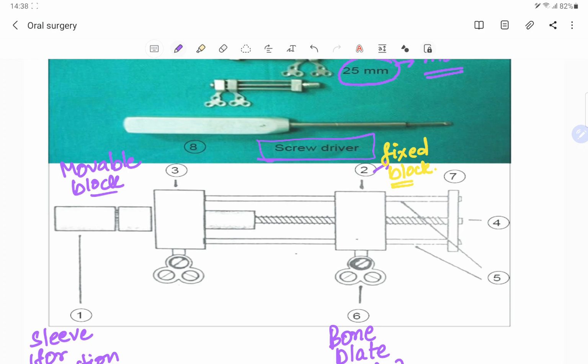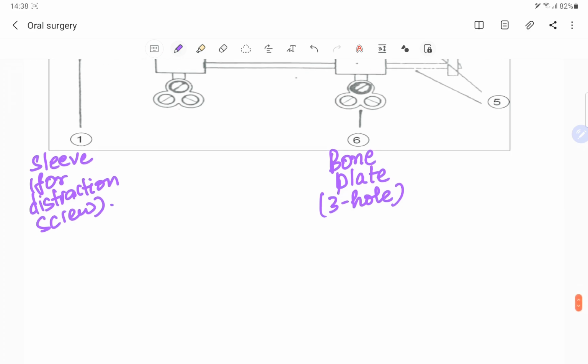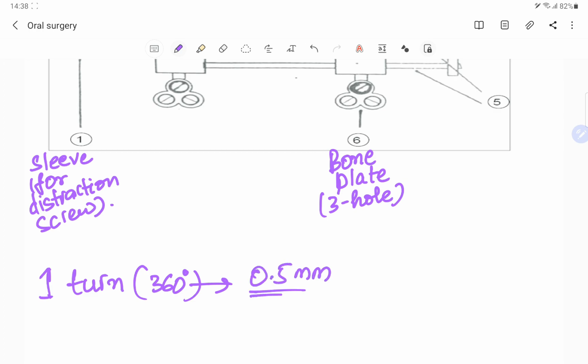So what do we do? We attach the screwdriver and then we start rotating the screwdriver to 360 degrees. So one turn of this screwdriver, one turn of 360 degrees, that means a full rotation, will give the distraction of 0.5 millimeters.